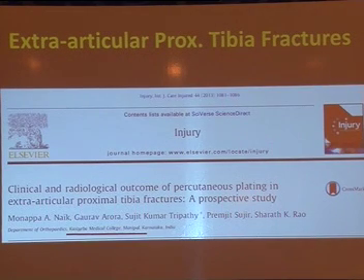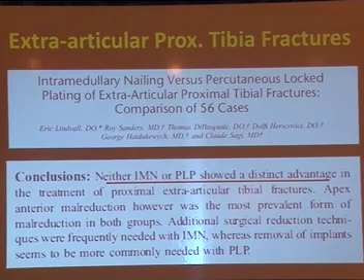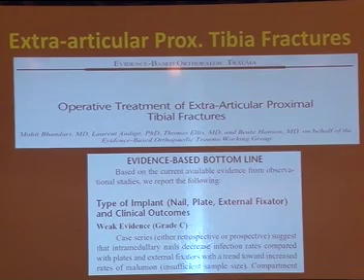Consecutive cases of 49 cases have been done in our institute, and we published the report in Injury in 2013. When we look at the complications, as in the earlier report, nailing has done better than plating in our hands. One comparative study combining both is a retrospective study, and there is no distinct advantage of nail over plate or plate over nail.